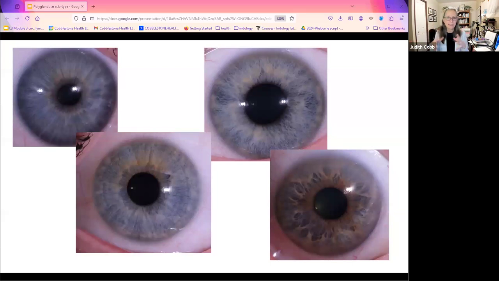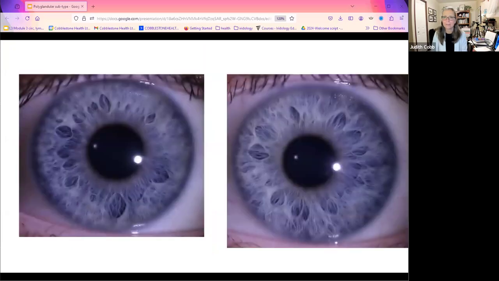We need context here. And so let's take a look. This is a quintessential polyglandular subtype. And so with this one, again, there are several structural subtypes, and we're just going to touch on polyglandular tonight because we don't have time to do everything.